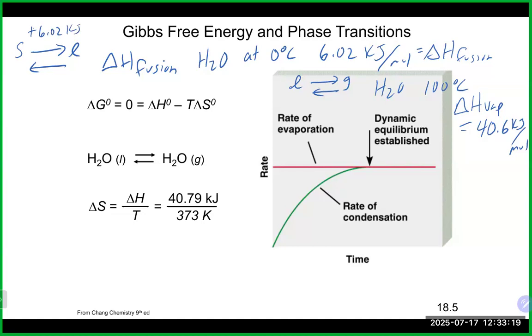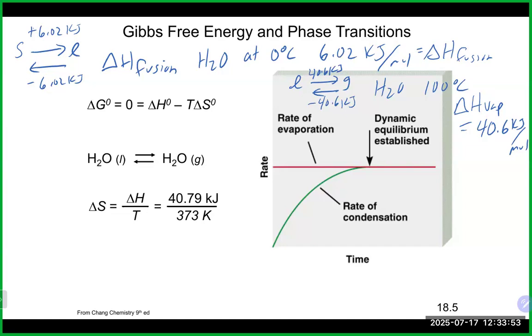And if we're going from liquid to solid, we need to release that energy, and it would be a negative 6.02 kilojoules. As we talked about, a positive value for energy typically is an endothermic situation. A negative value is more of an exothermic. And the same thing for our heat of vaporization. It's a positive 40.6 going from liquid to gas, and negative 40.6 going from gas back to liquid.